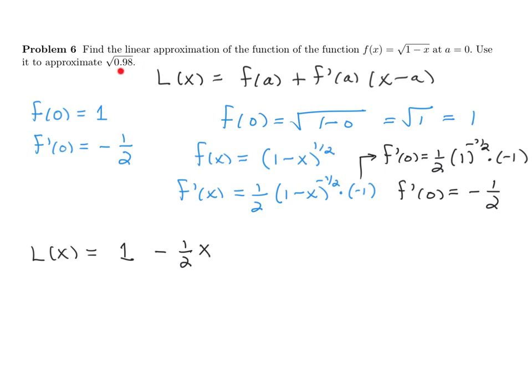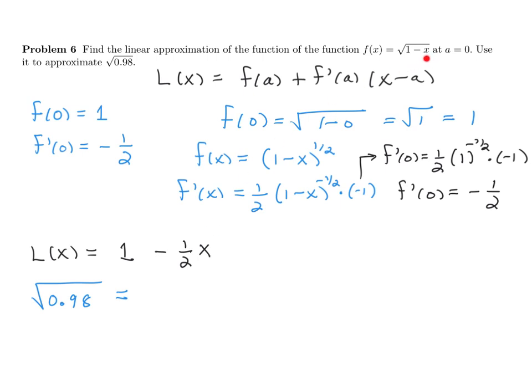To get this number, I have to put some number in place of x. Be careful here. The number that you put in place of x is not 0.98. What number is it? Here, we're trying to approximate this by using, first, this function and then its linearization.